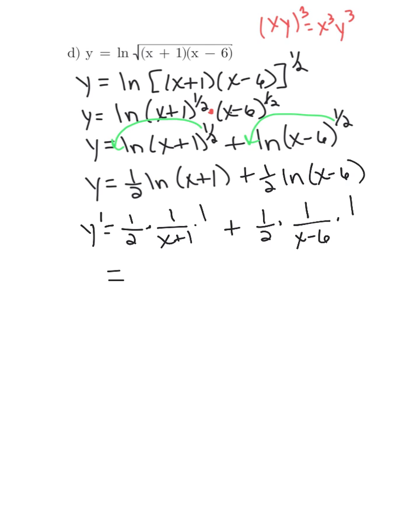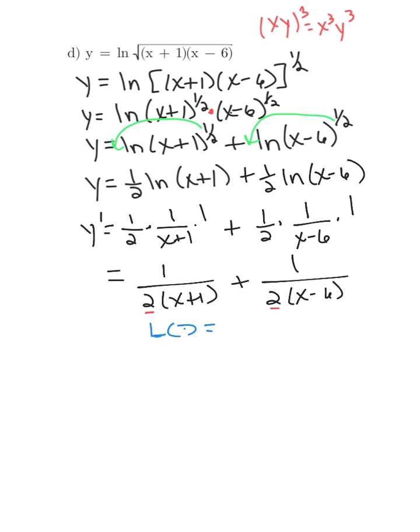Well, cleaning up our fractions, we have 1 over 2 times x plus 1 plus 1 over 2 times x minus 6. Because each of these denominators already has the 2 in it, that's going to be part of the LCD. But we also need each quantity. So my LCD is going to be 2 times x plus 1 times x minus 6.